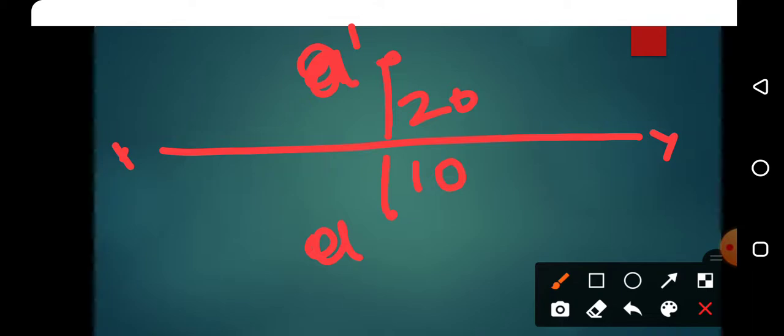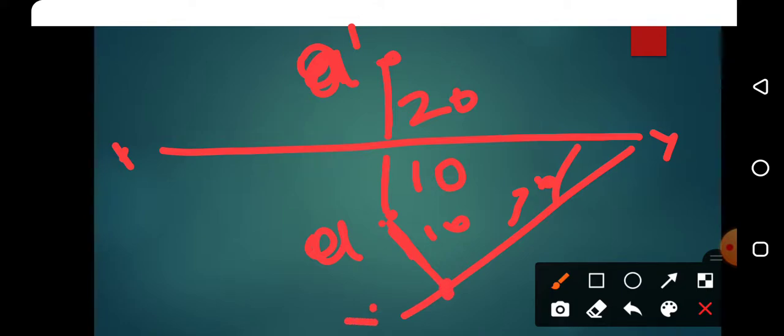That is the auxiliary vertical plane. It is making an angle of 30 degrees with the VP, at a distance of 10 mm. So here your point is there. This is X dash, this is Y dash.